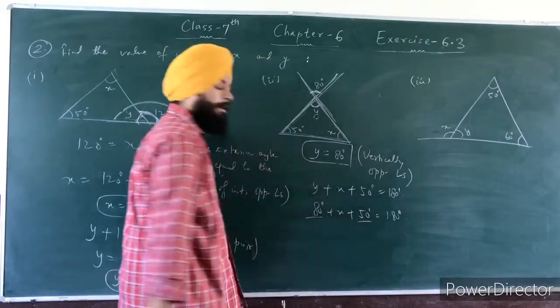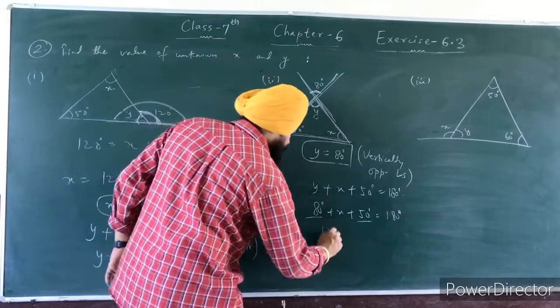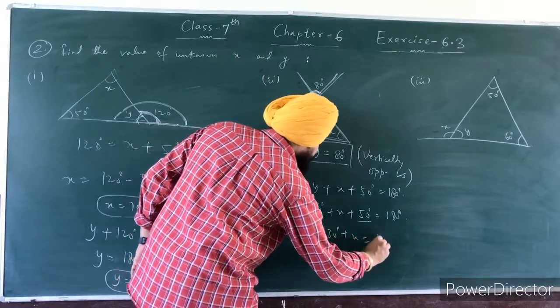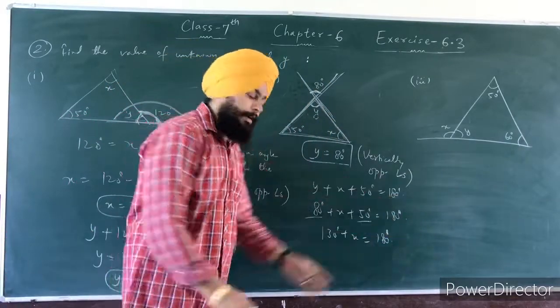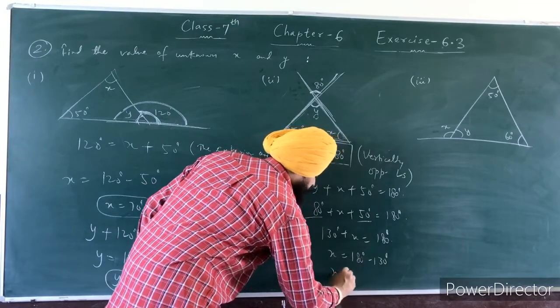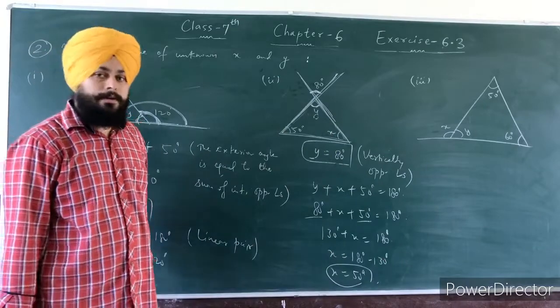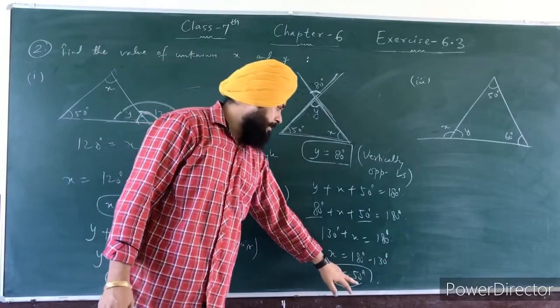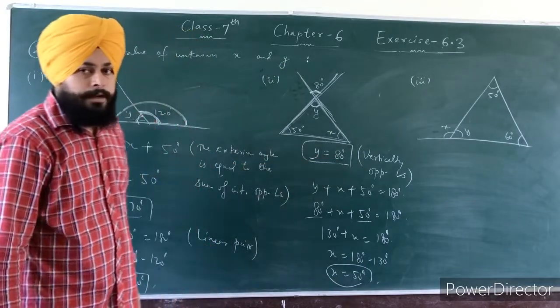Now 80 plus 50 is 130 degrees. 130 plus x is equal to 180. Now take this 130 to the right hand side. So x is equal to 180 minus 130. It is how much? It is 50 degrees. Alright students. So the measure of angle x is 50 degrees and the measure of angle y is 80 degrees. Clear?